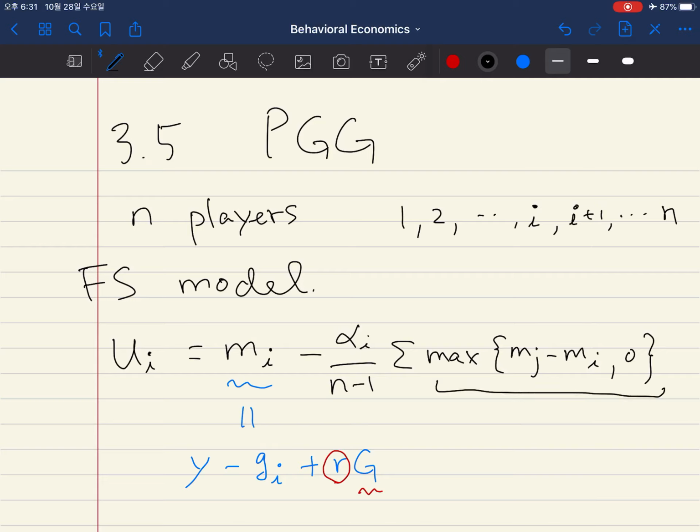So this term here represents the amount of inequality between individual i and others. So this red part represents other individual j. So if other individual j has more material payoff than individual i, we can say there is inequality between j and i by this much, and this is the source of envy for individual i.